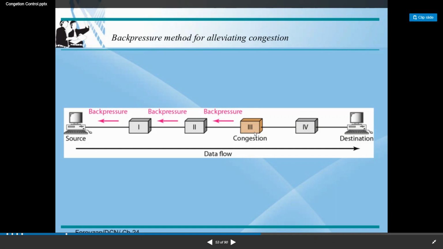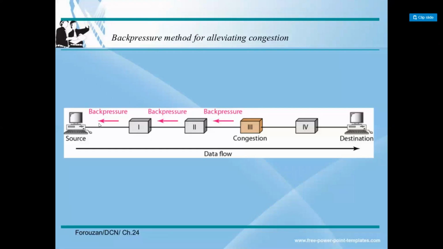In this back pressure model, where the congestion occurs, it will intimate the previous router, which will intimate the previous router, and finally the source. Okay, this is the method of back pressure. This is one way of giving feedback. These three methods: choke packet, explicit congestion notification, and back pressure, are giving feedback to the sender.